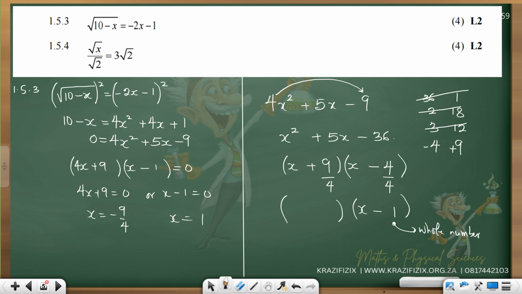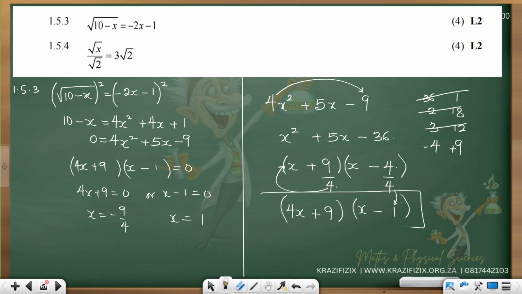Okay. So you would notice that 4 divided by 4 is giving me 1, which is a whole number, right? Yes. That's fine. But 9 over 4 is a fraction. So what we do is we move this 4 back here. And that becomes 4x plus 9.